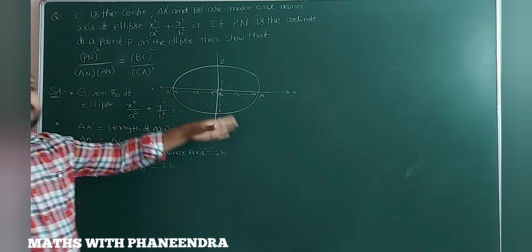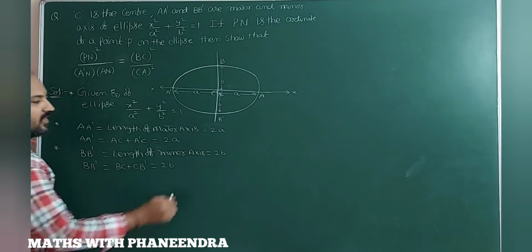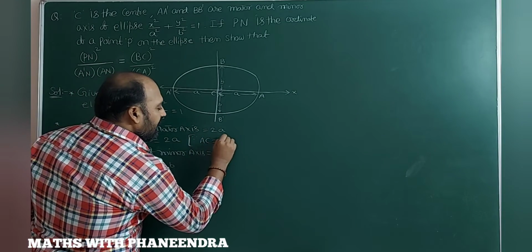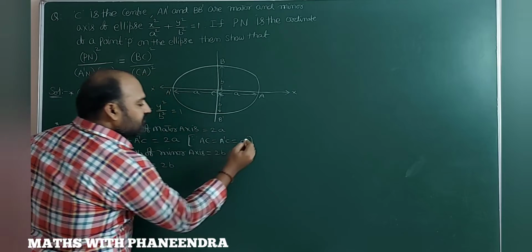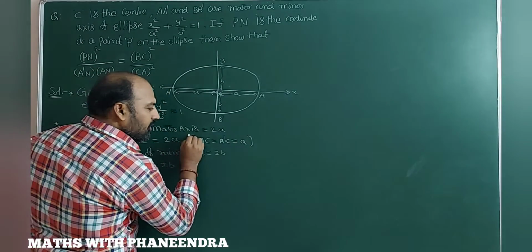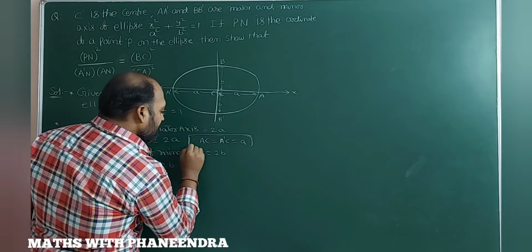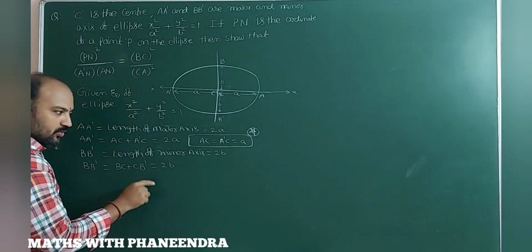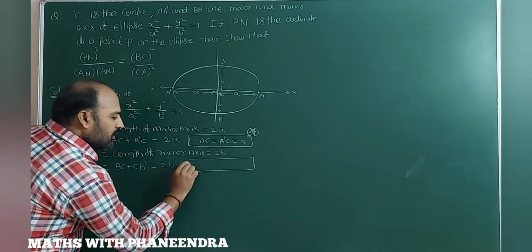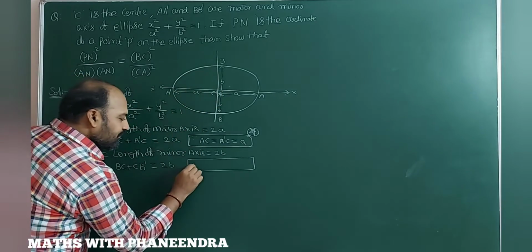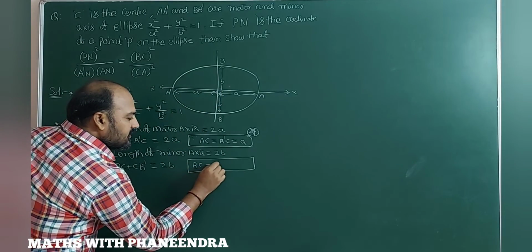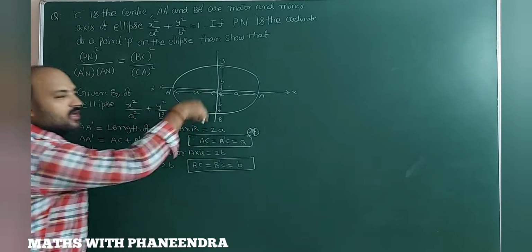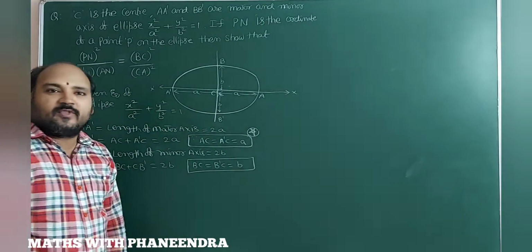So this information is over. Since AC is equal to A dash C is equal to a, this is a very important point. Keep in mind, dear students. And here also one important piece of information: BC and B dash C, or CB dash, is also equal to b from the figure.